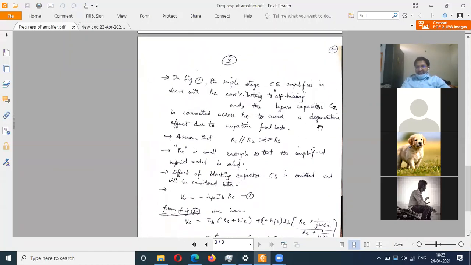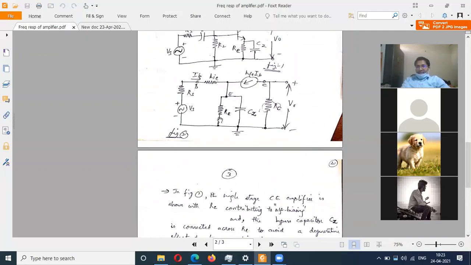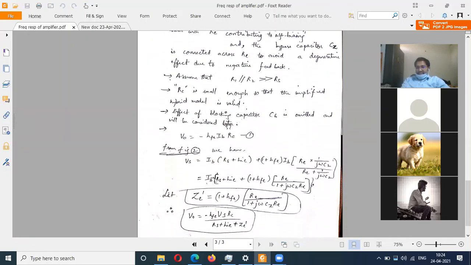The formula we are using is R1 R2 by R1 plus R2. If I take 1 by J omega CZ, RE into 1 by J omega CZ divided by RE plus 1 by J omega CZ.